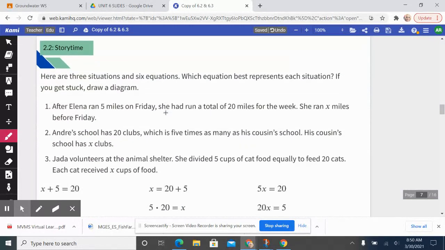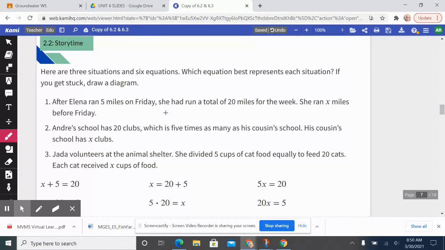And it says, here are 3 situations and 6 equations. Which equation represents the situation? So we have, after Elena ran 5 miles on Friday, she had ran a total of 20 miles a week. She ran X miles before Friday.